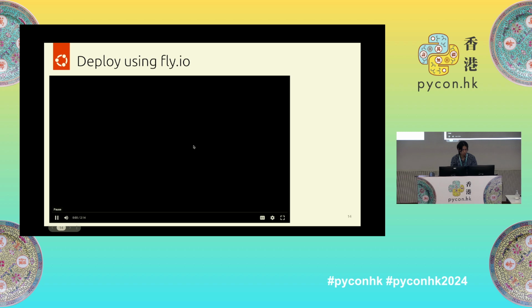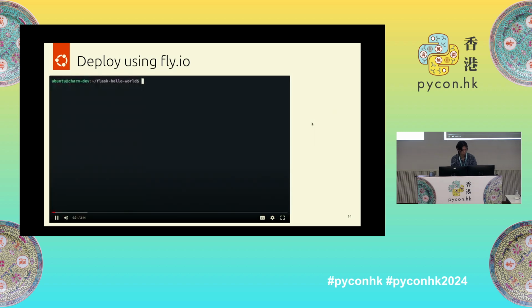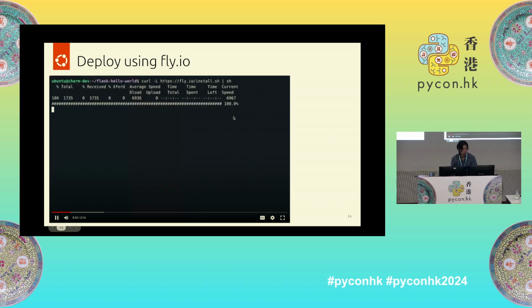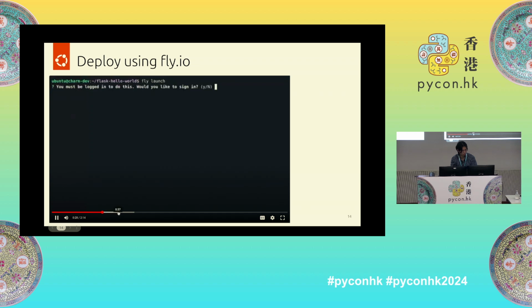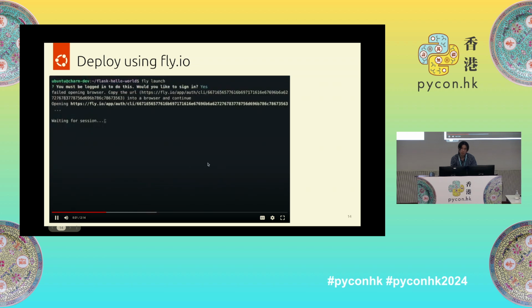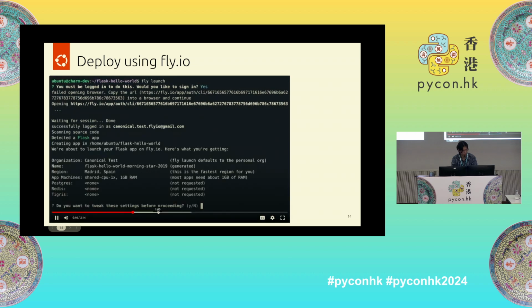How about using a third-party service? It's not an ad, so we'll kind of skip through. You'll need to install their tooling, configure your terminal, and you would most likely need to log in, register to their services, and wait for the session to authorize. Oh, detected a Flask app.